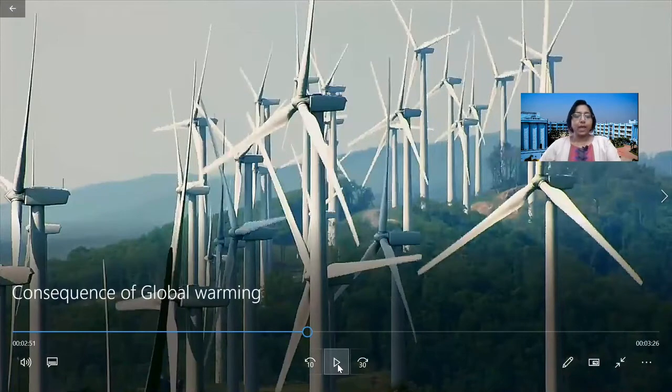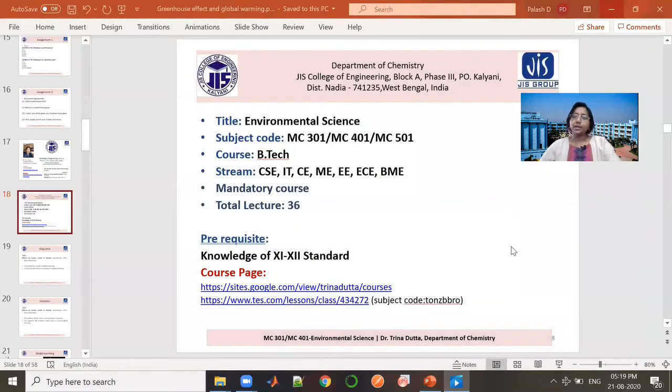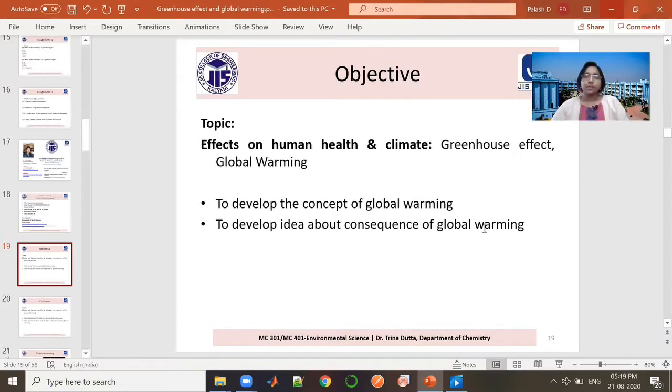So you have got a glimpse of global warming and how we can reduce it. In this lecture, the objective is that you will learn and develop the concept of global warming, and also develop the idea about the consequences of global warming.